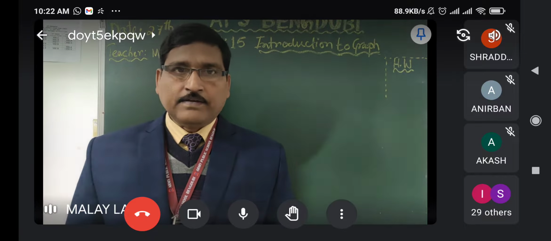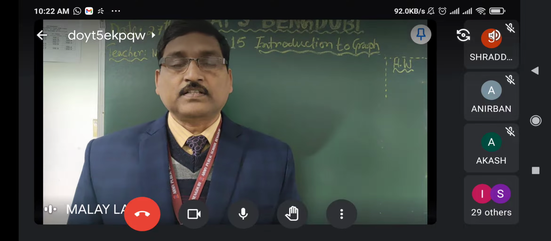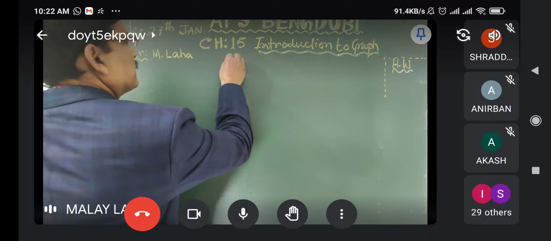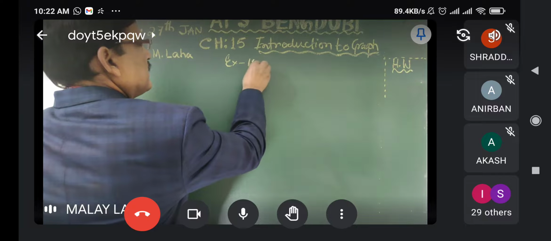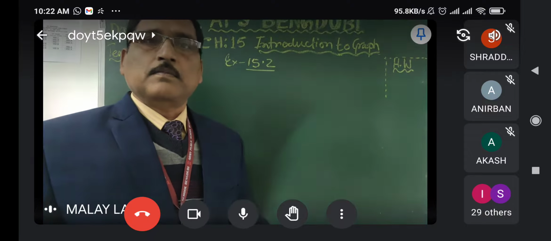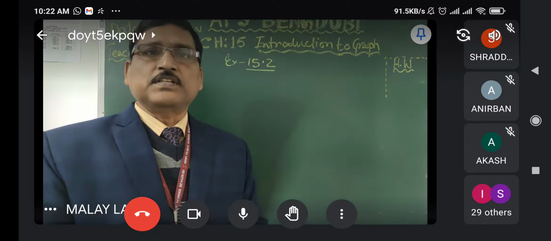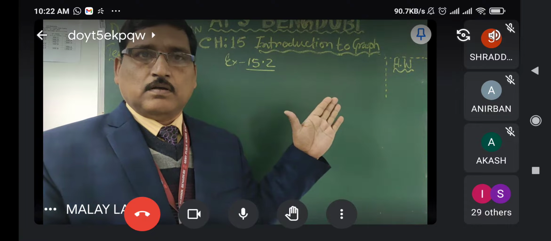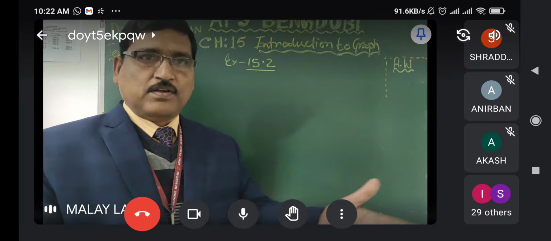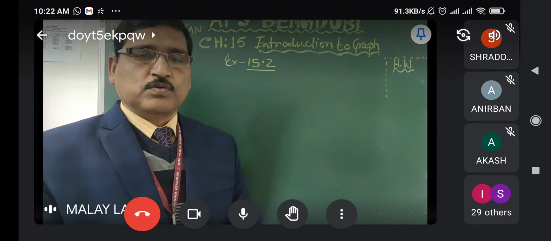Before starting the line graph, there are 3 exercises in this chapter. I will start first with exercise 15.2. After finishing, I will come to 15.1. Exercise 15.3 is the application of graphs, that means plotting points, line graphs, and coordinates on the graph paper, which I will explain later on.